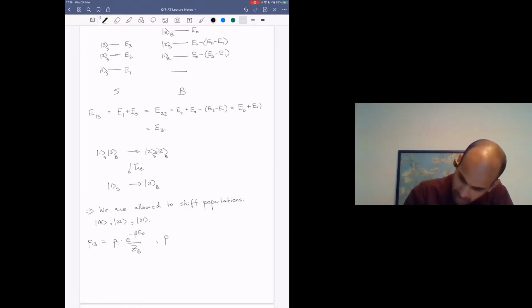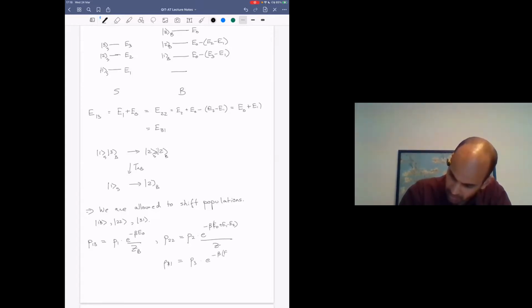Same way I have that P22 is equal to P2 times e to the minus beta (E naught plus E1 minus E2) over Z, and the last one, 3,1, is P3 times e to the minus beta (E naught plus E1 minus E3).